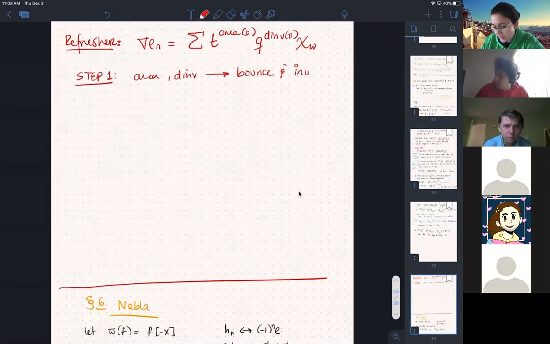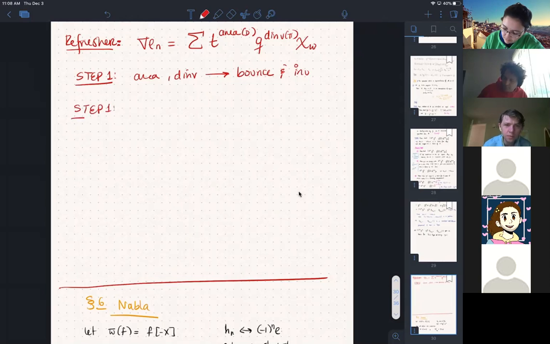Okay, so now that we had this nabla En expressed in terms of bounce and inv, they rewrote this expression so that instead of having a sum over monomials, we had a sum over t to the area, but instead we had this chi pi of 0 showing up, right?